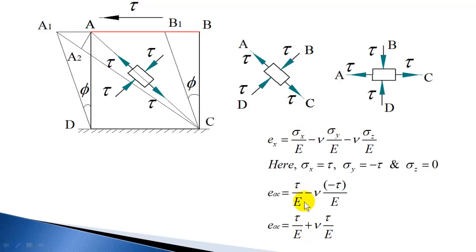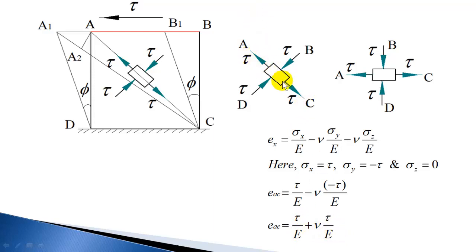So you get tau by E minus nu into minus tau by E, so you get tau by E plus nu tau by E, or you can write it as tau by E into 1 plus nu. So that is the strain along the x direction, or along AC, or along this diagonal.